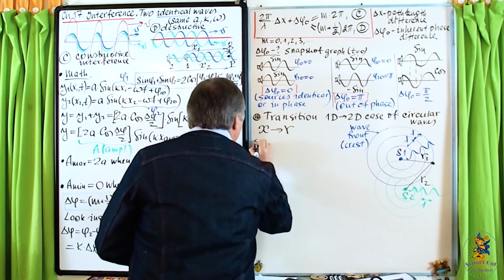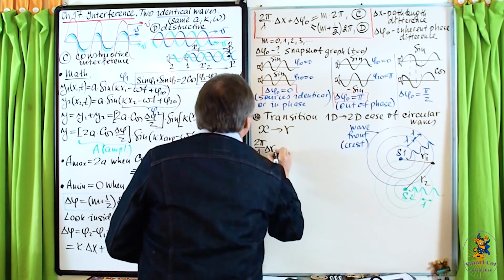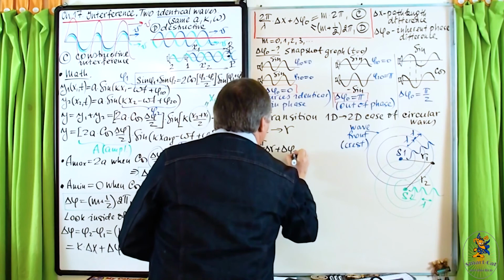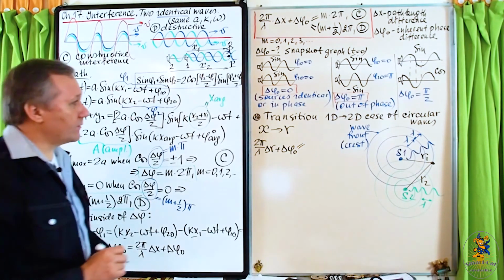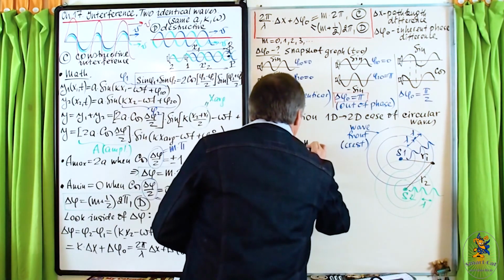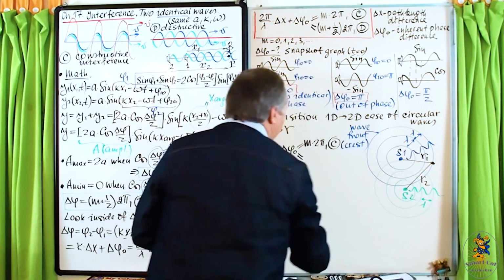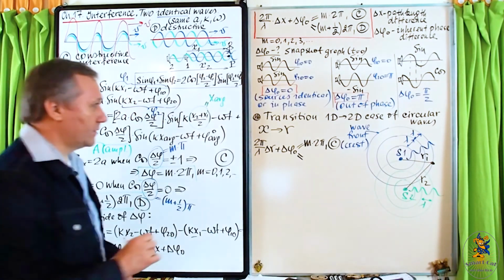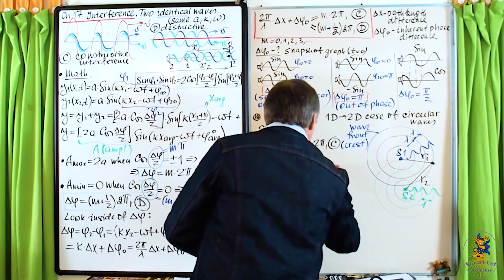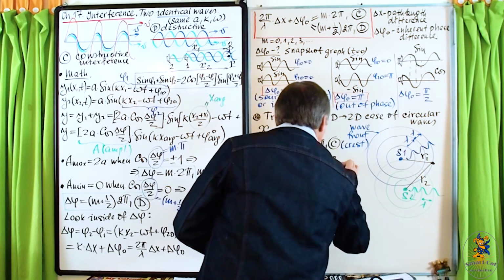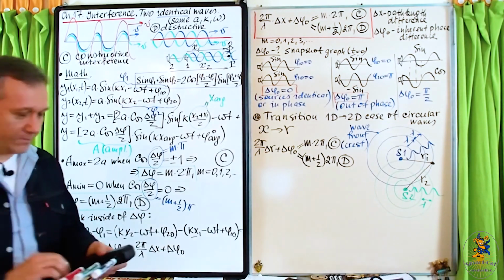Now the condition, let me rewrite that. It will be 2 pi over lambda times delta R plus delta phi naught, and two situations for constructive and destructive interference: M times 2 pi for the constructive case, and (M plus 1/2) times 2 pi for the destructive situation.